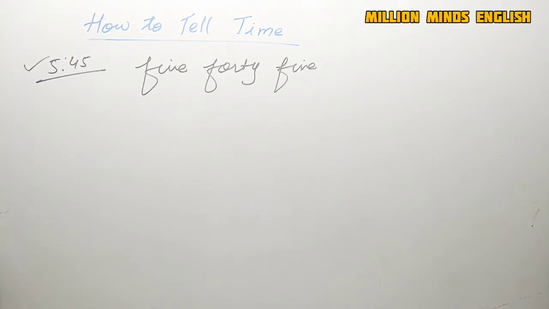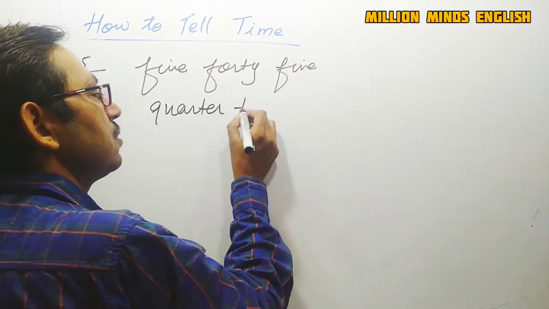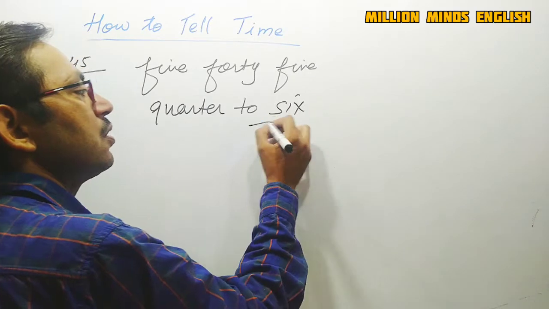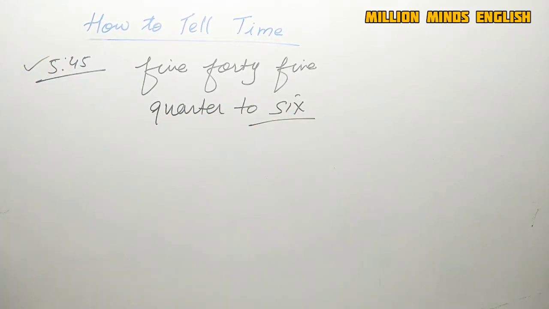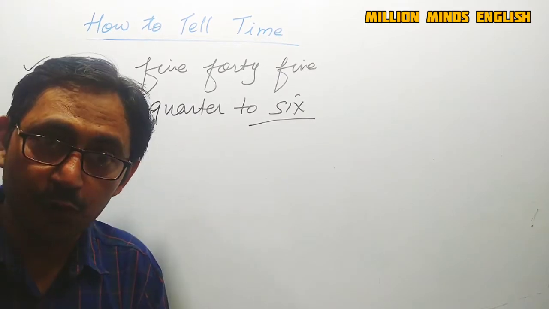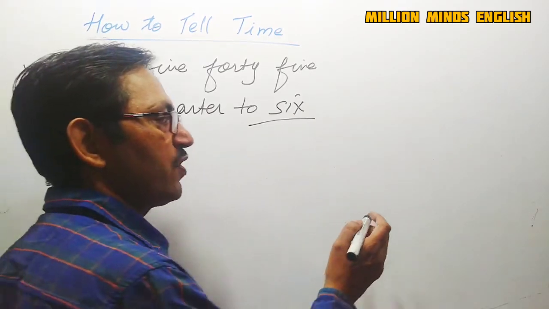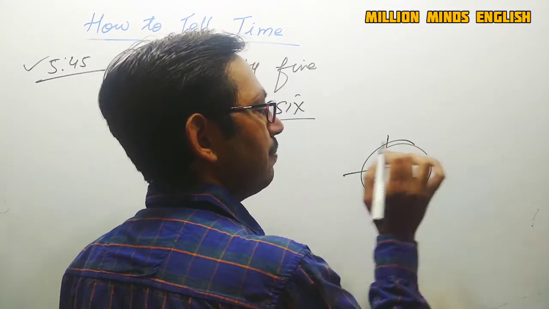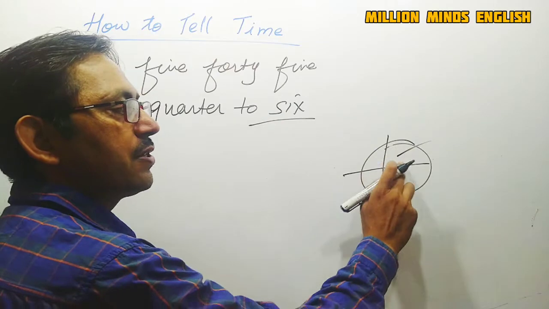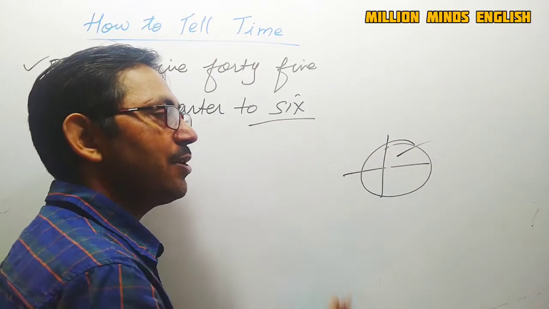And the second method to say, friends, it's quarter to 6. Quarter to 6 means it's a quarter before 6 o'clock. Quarter represents 15 minutes, as I showed you in a diagram, and half represents 30 minutes.